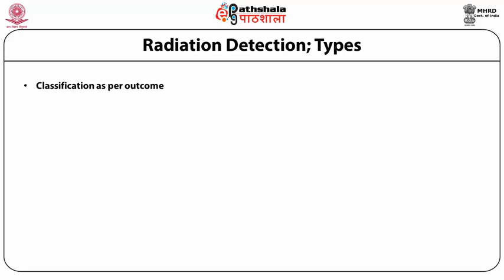According to this classification, the detectors are classified as gas detectors. Gas detectors means in this kind of detectors, some gas is filled between two electrodes, and when the radiation enters that chamber containing gas, then electron-ion pairs are produced.